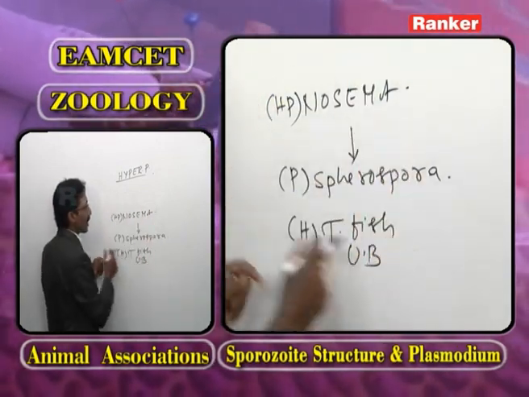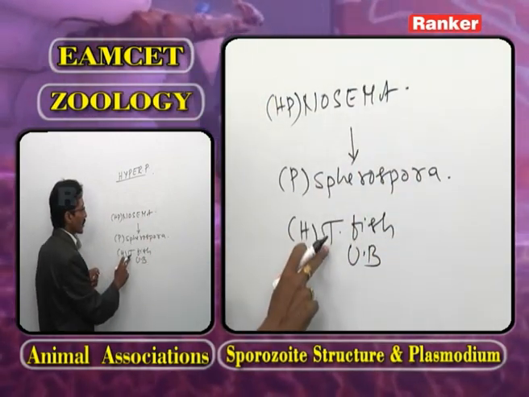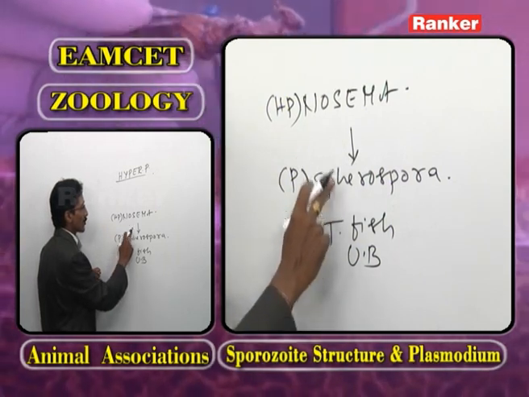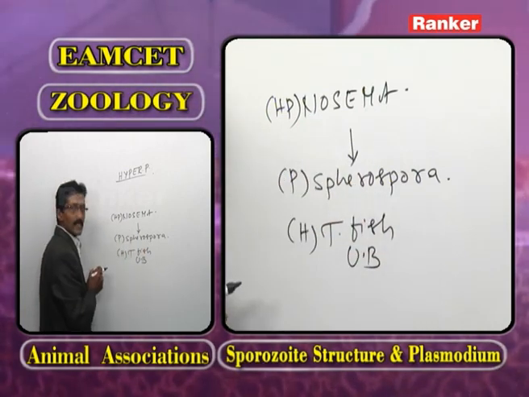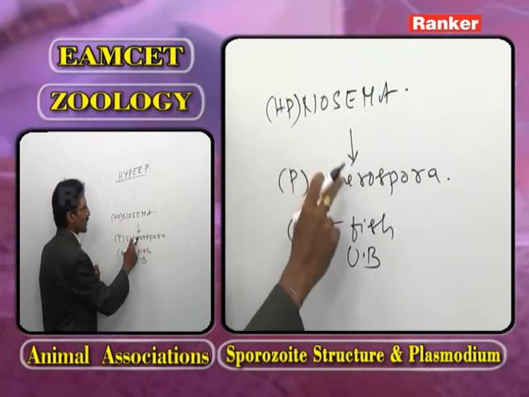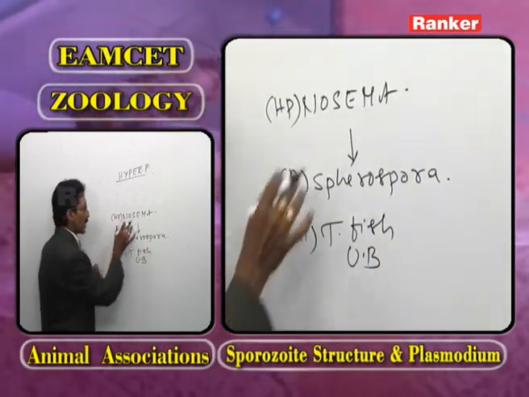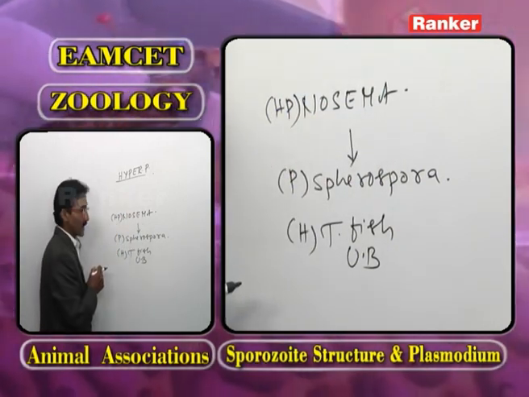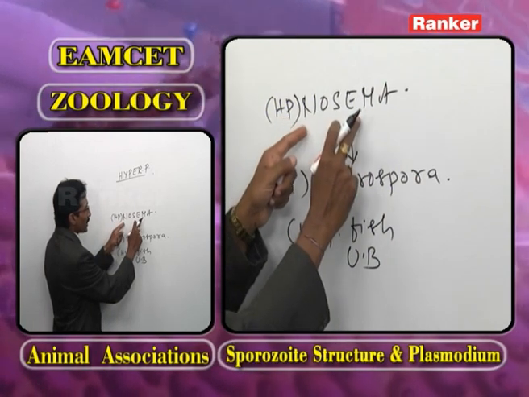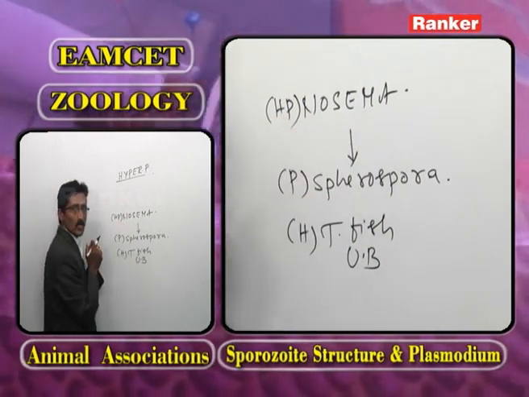Now in this context, how many individuals? Toadfish, Spirospora and Nosema. How many parasites are present? Nosema and Spirospora. How many hyperparasites? Only one. What is the host of Nosema? Spirospora.